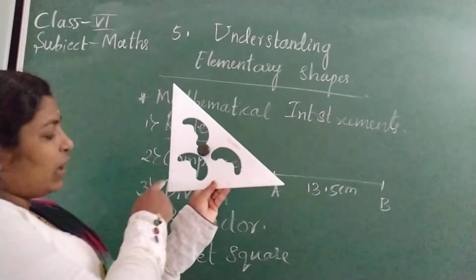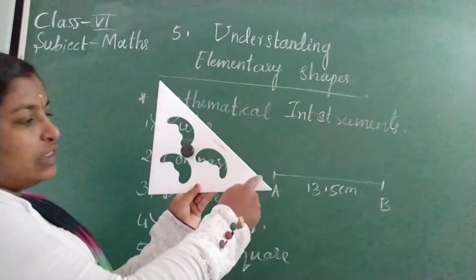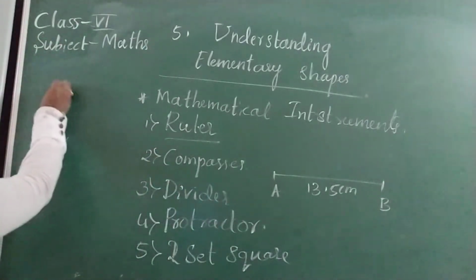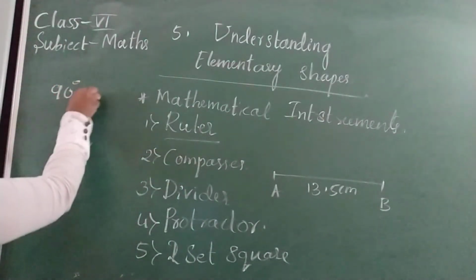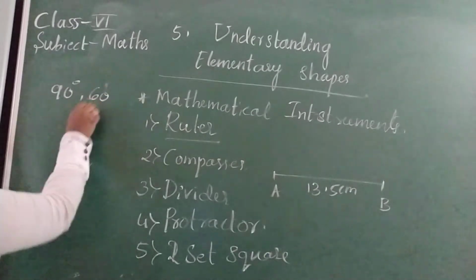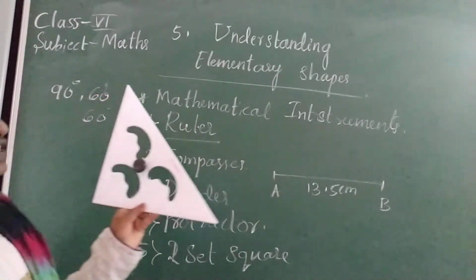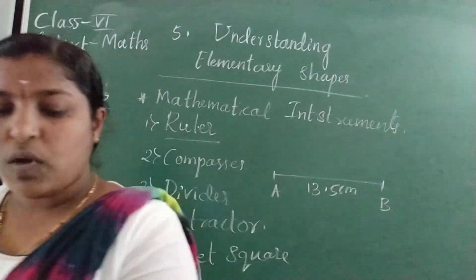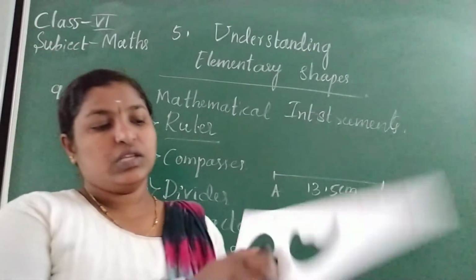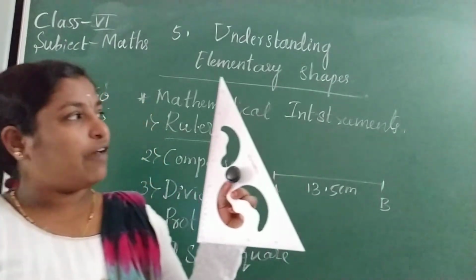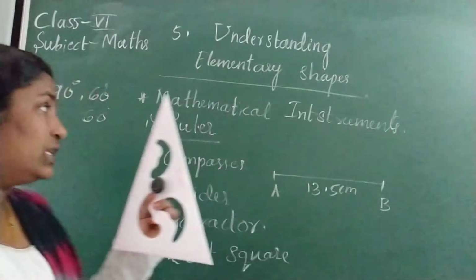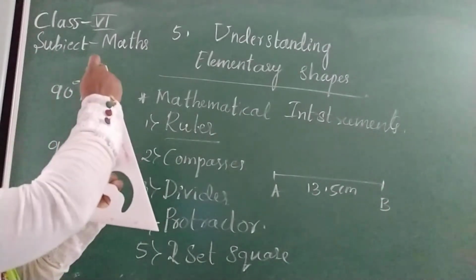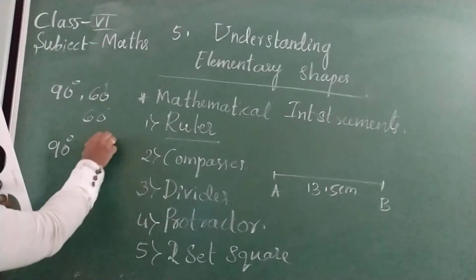This is having one angle 90 degree and this is 60. 90 degree, 60 degree and 60 degree. This is one set square, 90, 60. And another one set square is this one. This is having angle, one angle is 90. See, this one is 90 and this is 30 degree.